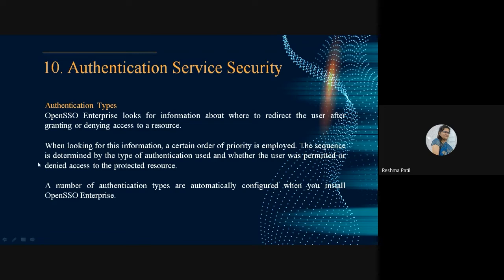The sequence is determined by the type of authentication used and whether the user was permitted or denied access to the protected resource. A number of authentication types are automatically configured when you install OpenSSO Enterprise. So when you install this into your organization, various types of authentication are given, and they will be configured automatically.